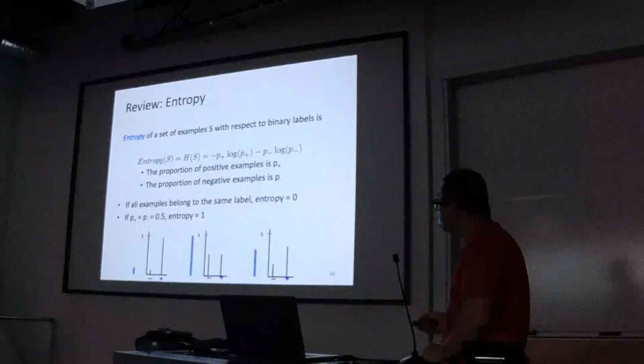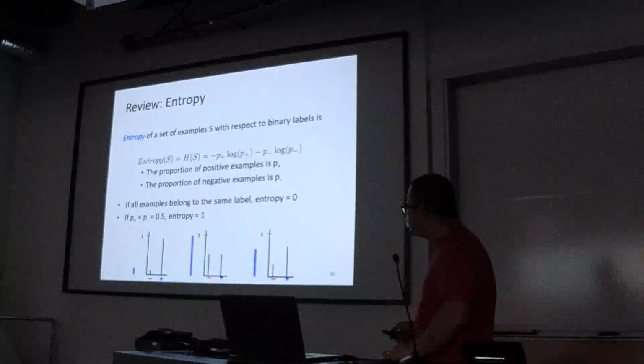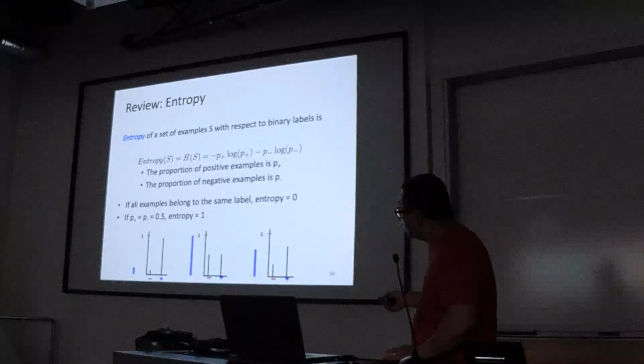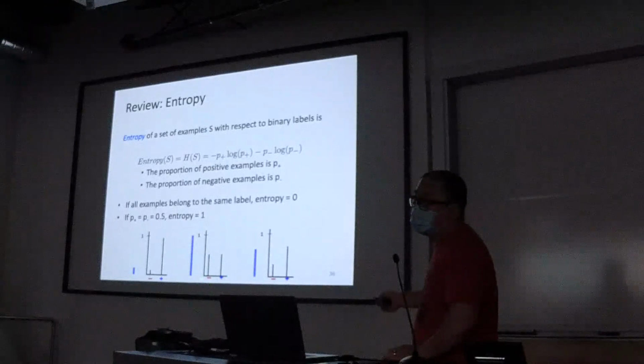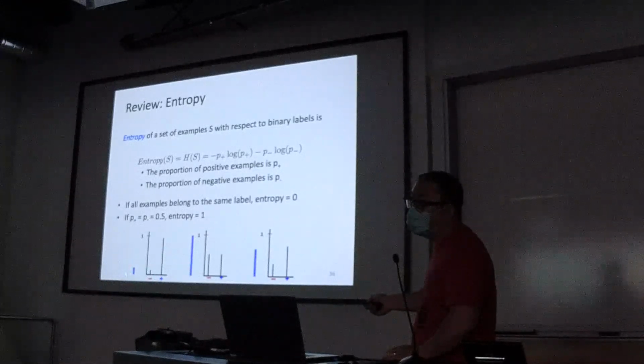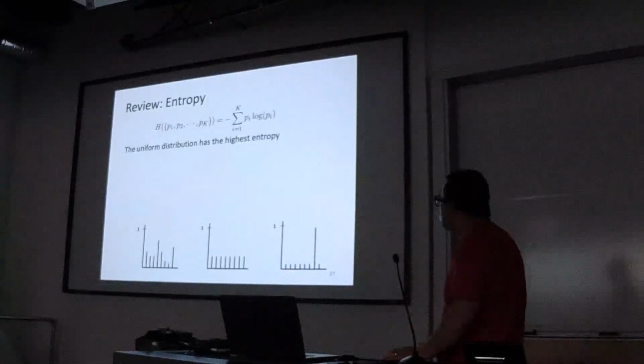Here we'll give you more intuition about the entropy value. If two labels are totally balanced, 0.5 and 0.5, your entropy is maximum, which is this blue bar. But if one label dominates the other, the more dominant that label is, the smaller the entropy, which indicates the better purity.